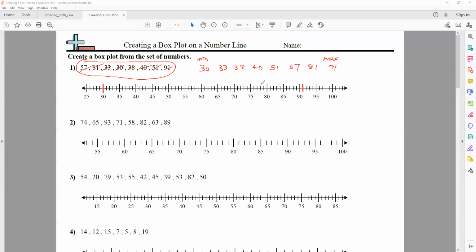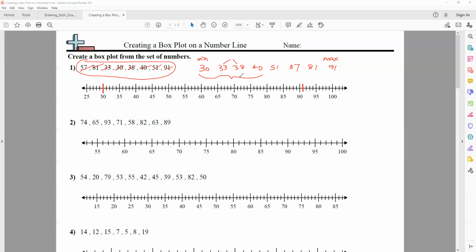Now, if I only look at the first half of this data, there are eight numbers total, so half of them is 4, right? And then I'm looking at 33 and 38. Can you find the middle number between those two? What's halfway between 33 and 38?